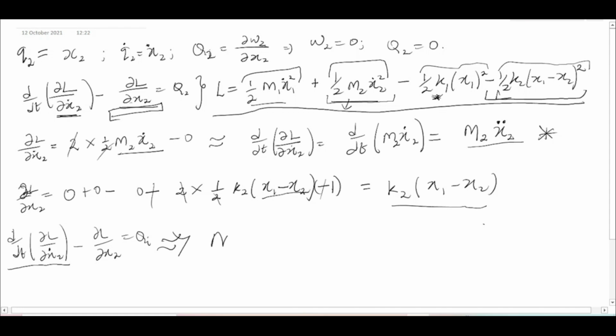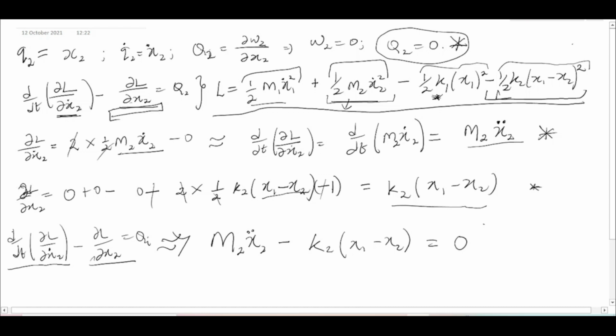So we have m2 x2 double dot minus the second term, which is what we got here, minus k2 (x1 minus x2), equal to Qi, in this case Q2. We calculated Q2 earlier and had that Q2 is equal to 0 from the beginning, so the whole of this is equal to 0.